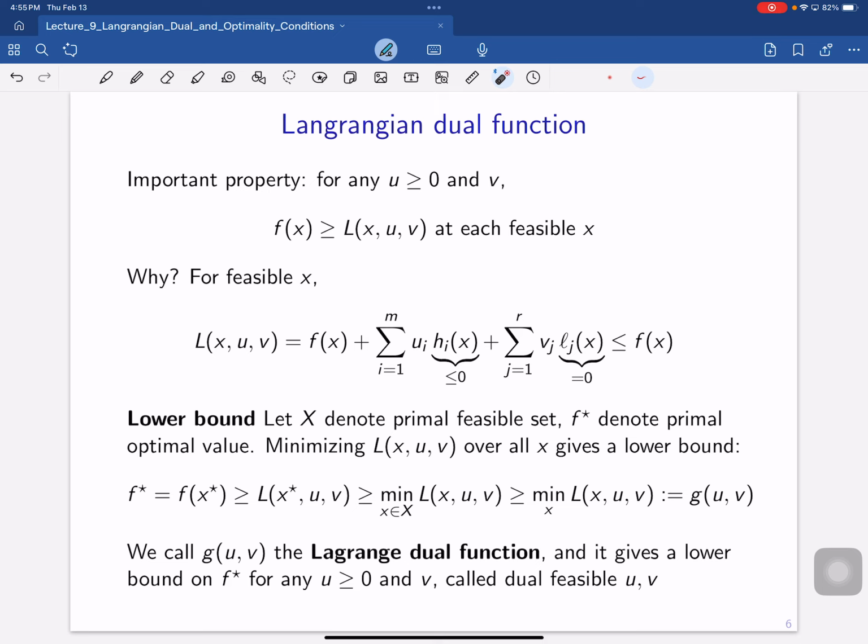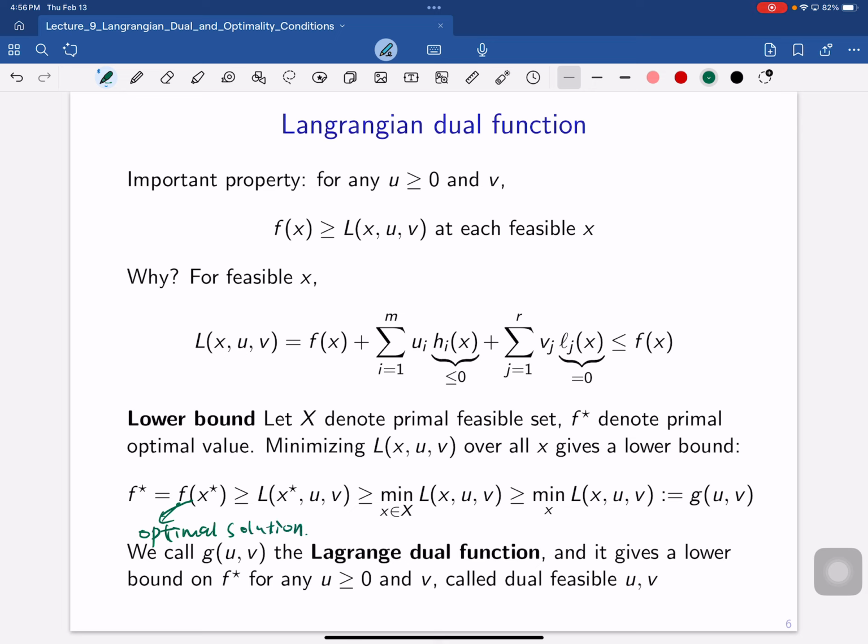Right? So let's go through this chain of inequalities step by step. On the left-hand side, we have the optimal objective of the original problem. Let's denote it by f of x star, where x star is the optimal solution of the original problem.